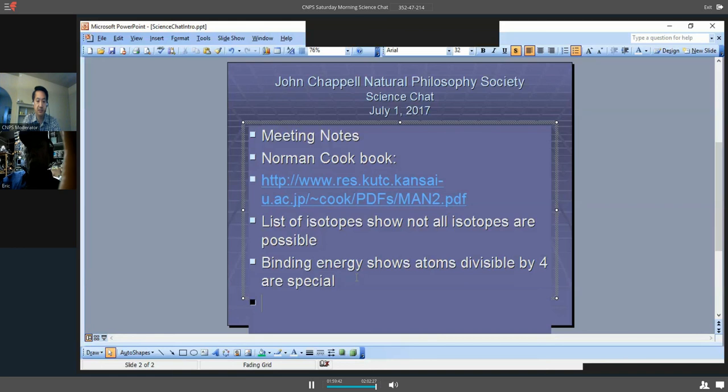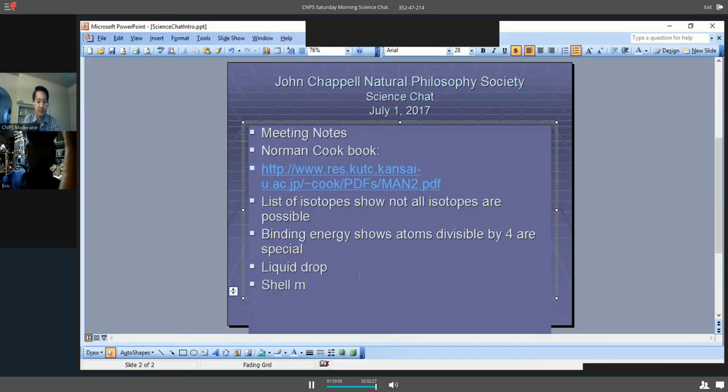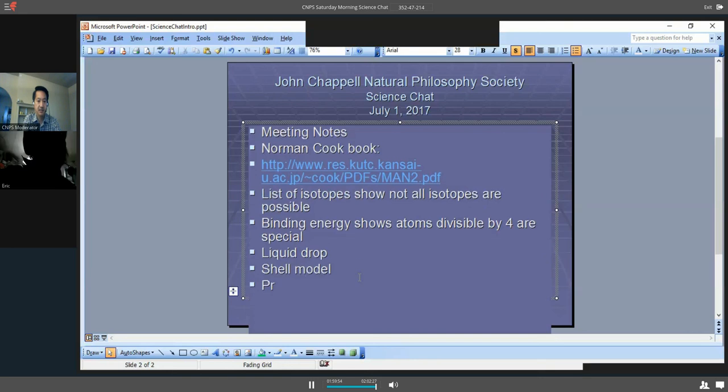And then in the book, they do discuss the two primary models, which are the liquid drop and the shell model, and they discuss some problems with these. Most of it being that the liquid drop and shell model can only explain different aspects of the nuclear data, but together can't be compatible with each other.